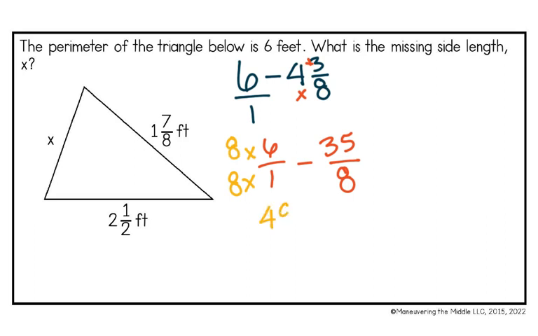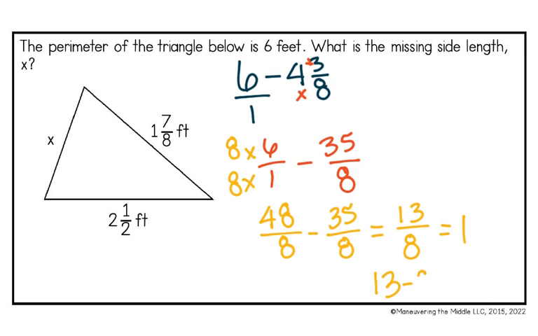So now I'm going to have 48/8 minus 35/8. Denominator will stay 8. 48 minus 35 is 13. I know that 8 can go into 13 once. I just need to know how much is remaining. So 13 minus 8 is equal to 5. So 5/8. So x is 1 and 5/8 feet.